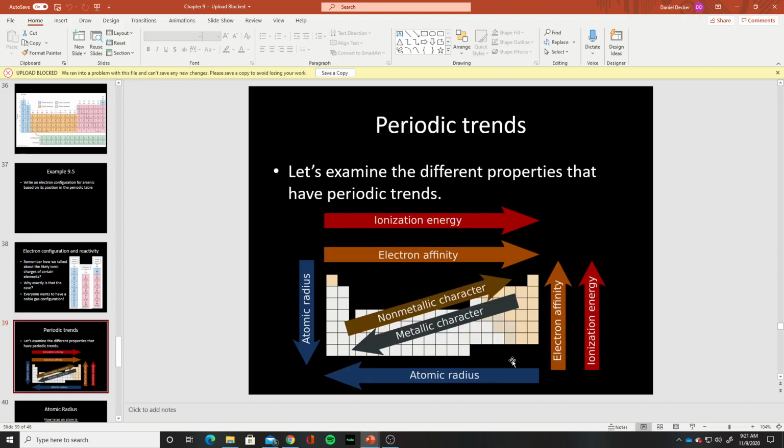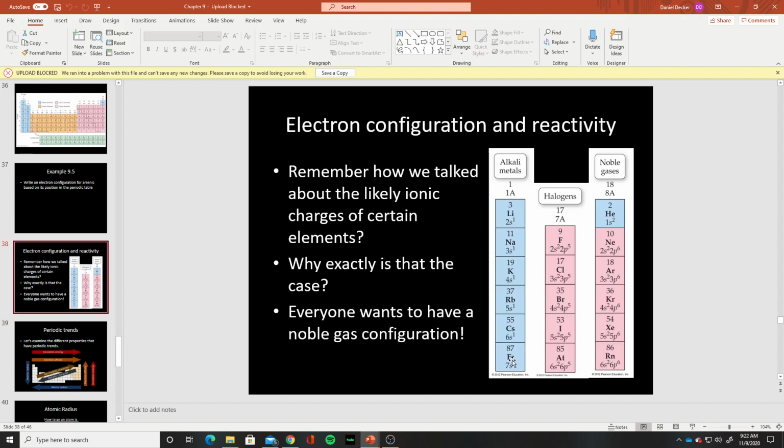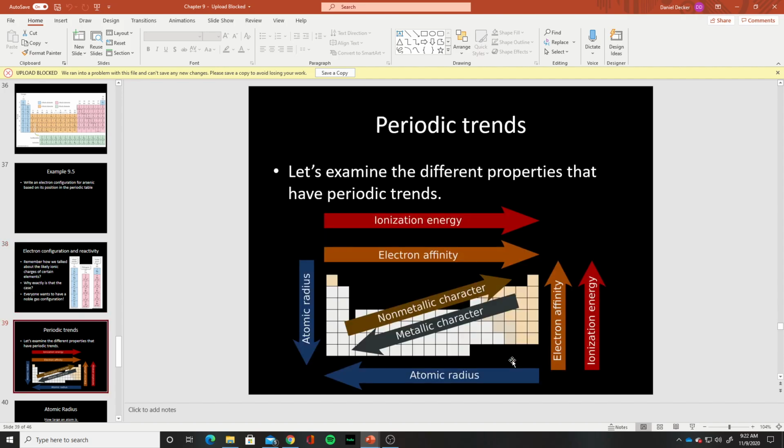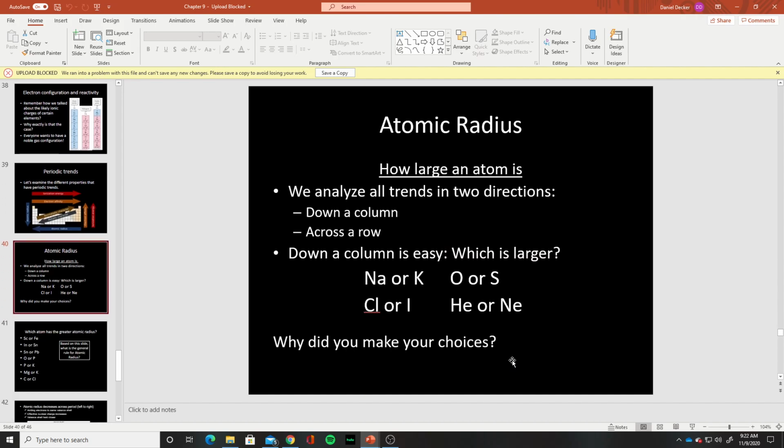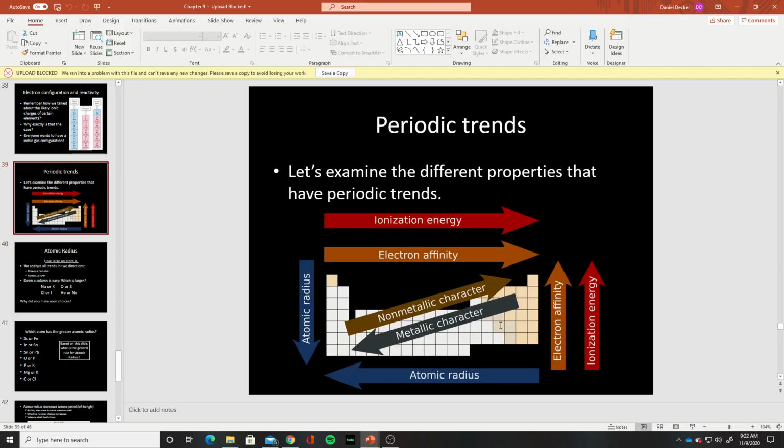Okay, and so then the last thing here is the periodic trends, which were related to the electron configurations. And so I will ask you some questions on periodic trends. The way that I normally ask those is I will give you a pair of elements, like maybe helium and neon, for example. Say here are these two elements. Which one is larger, or which one has a higher ionization energy?